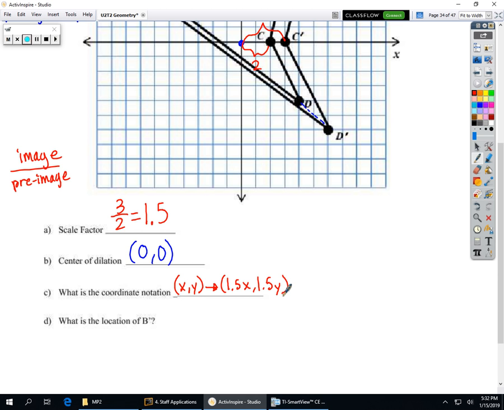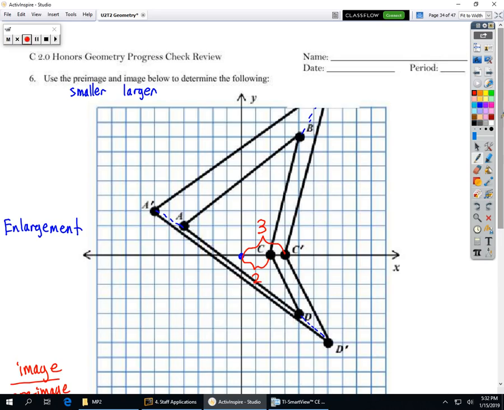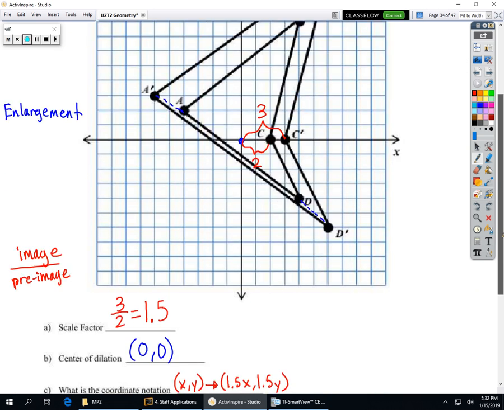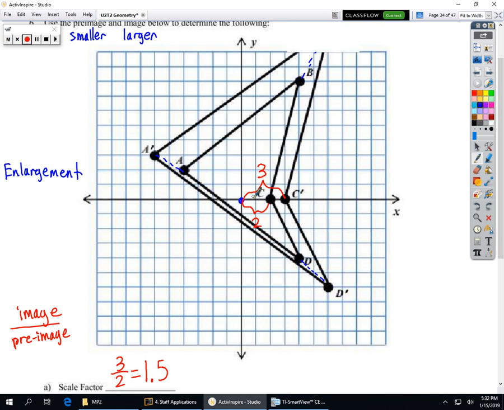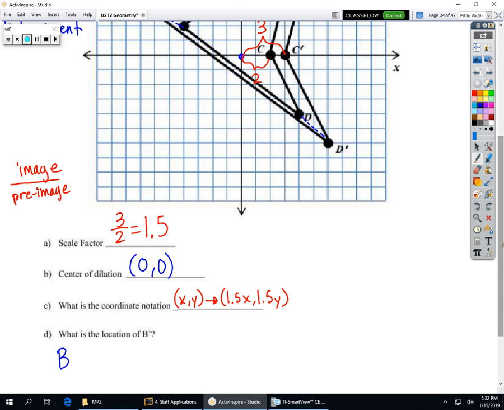The last thing it needs is to define B prime, which is off the graph somewhere. You could estimate it, but that's not reliable. The best way is to use what you use for the coordinate notation. What am I doing to the points? Multiplying x by 1.5, multiplying y by 1.5. So let's figure out what B is, then we can use B to find B prime. B is 4, 8.